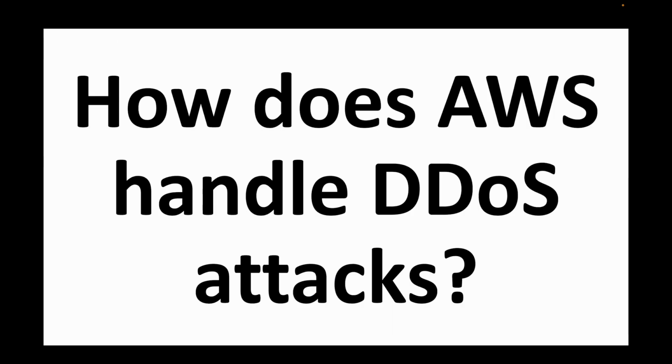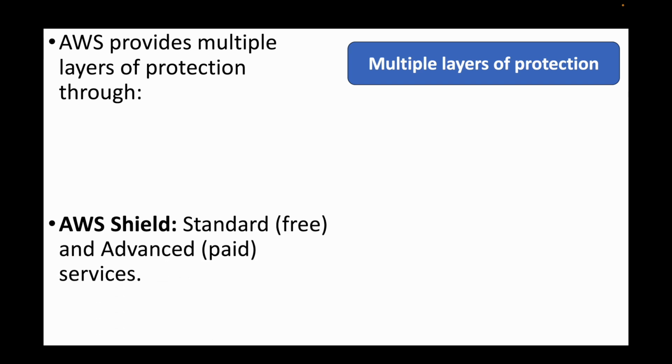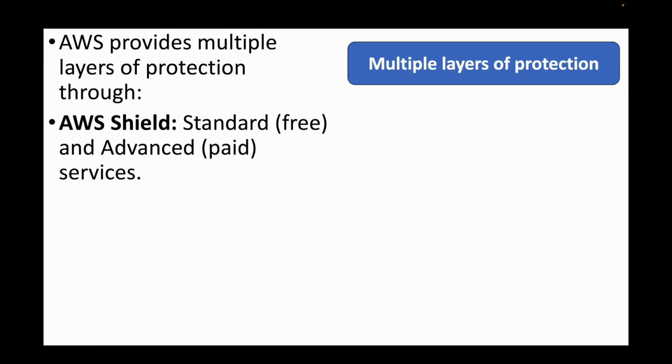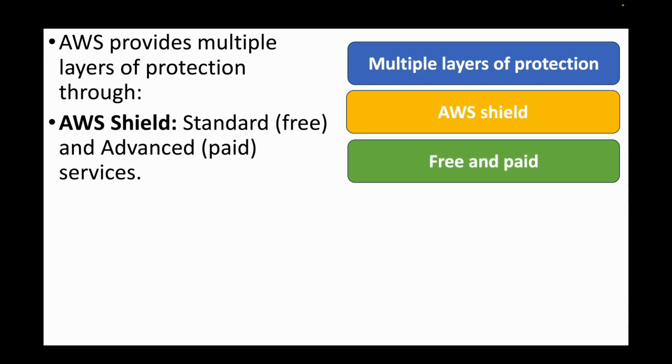The next question we have is, how does AWS handle DDoS attacks? For this, AWS provides multiple layers of protection. So we have AWS Shield. Under this, you get the standard and the paid version. Standard is free, and for the advanced you'll have to pay. Using this, you can protect against distributed denial of service attacks. DDoS stands for distributed denial of service.